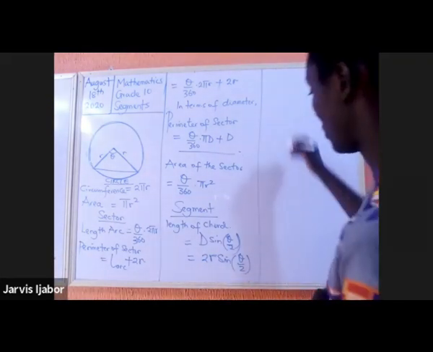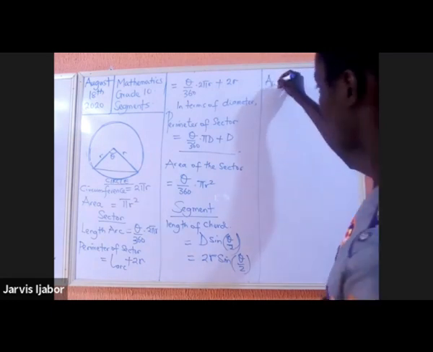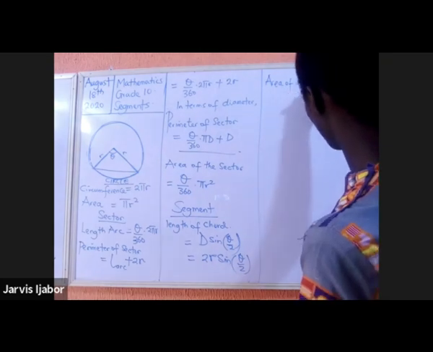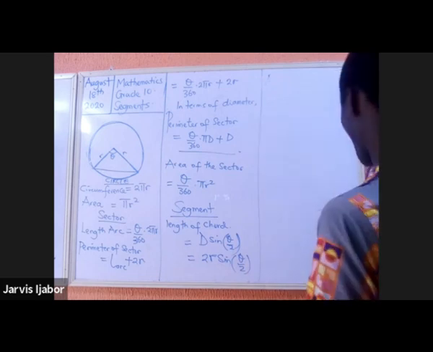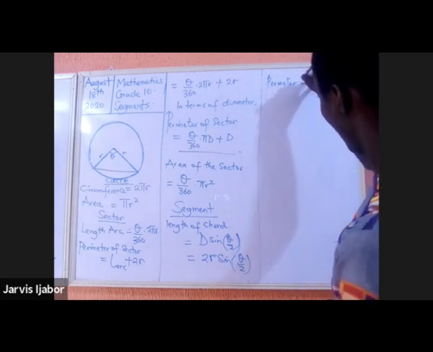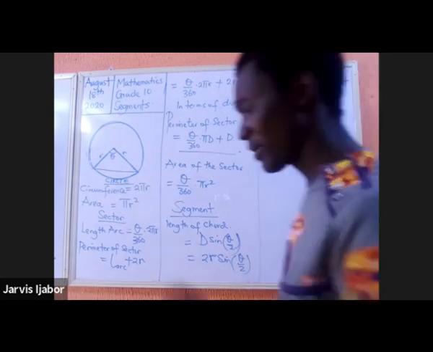Right, so the next one will now be the area of a segment. Okay, we'll have the area first. Actually, let's talk about the perimeter of a segment. What is the perimeter of a segment?